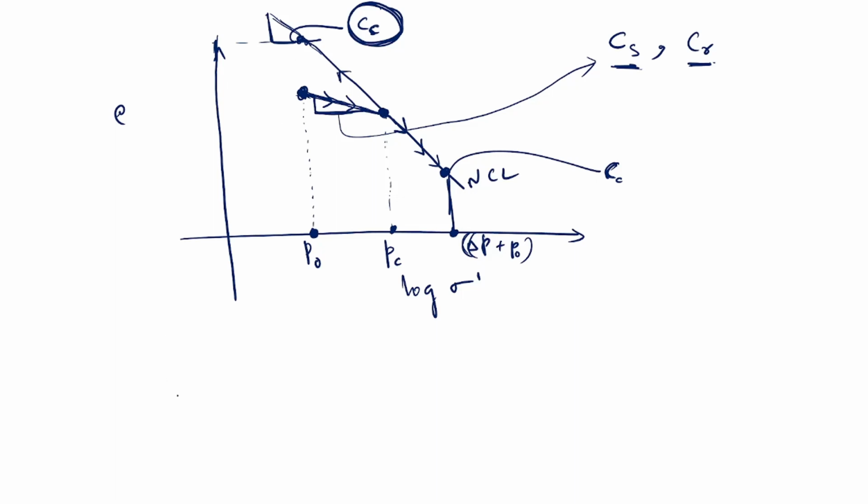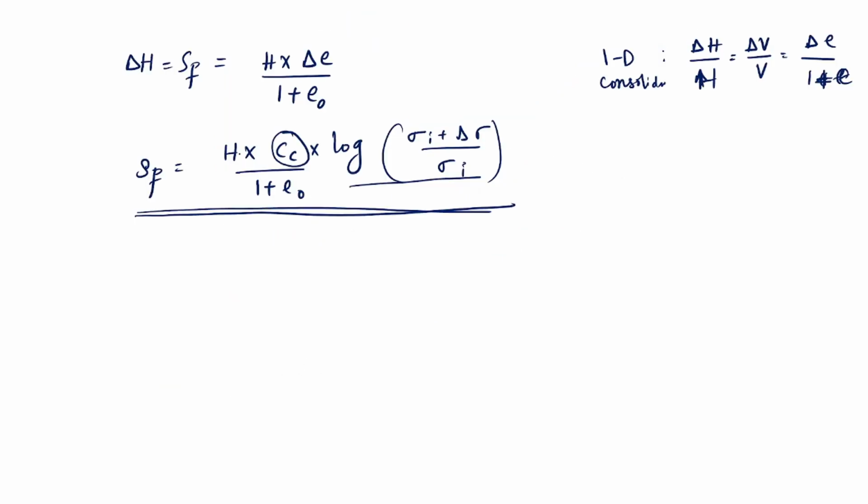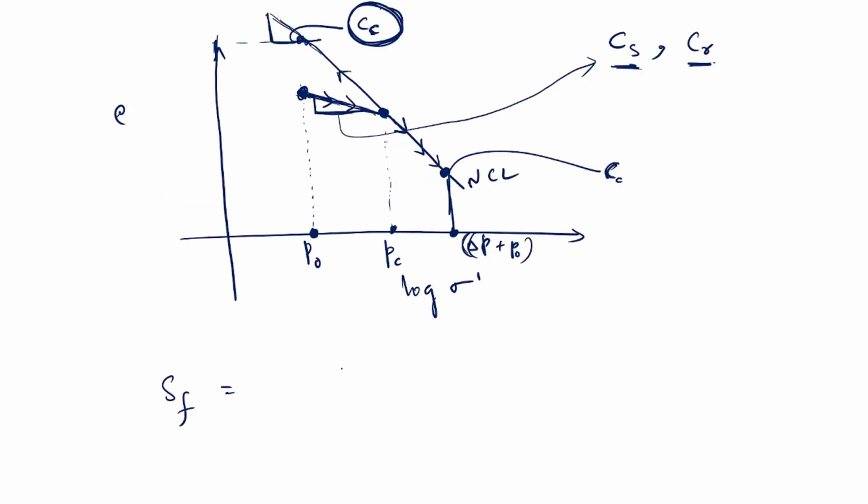Now, if I want to calculate the settlement from here to here, what did we write in the last slide? H by 1 plus E naught times CC, corresponding to delta sigma. But here there are two variations of delta sigma: delta sigma 1 from here to here, and delta sigma 2.